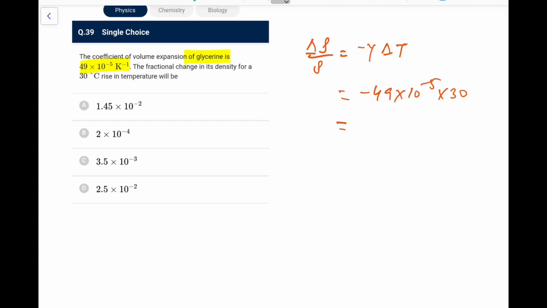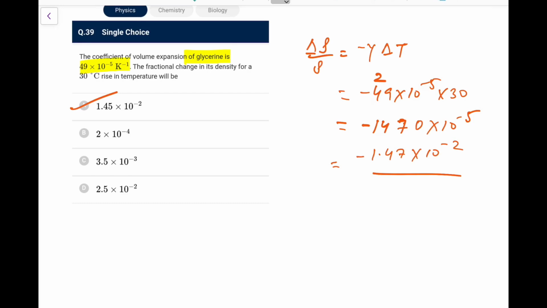So this is 49 into 30. 3 9s are 27, 3 4s are 12, 14. So minus 147, I can write into 10 to the power minus 5. So it is minus 1.47 into 10 to the power minus 2.